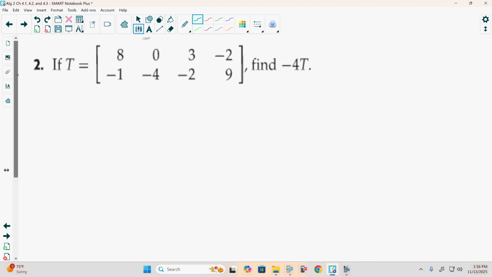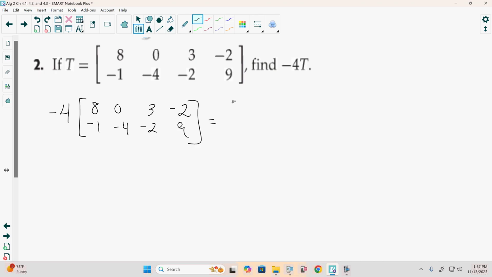Let's look at one more scalar. If t is equal to this matrix E, find negative 4t. So our scalar for this is negative 4. So this here is telling us to multiply every element in that matrix E by negative 4.